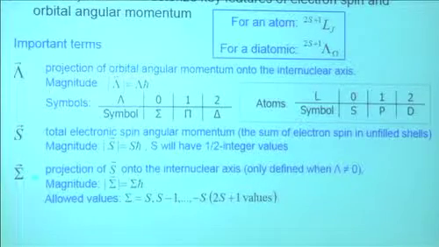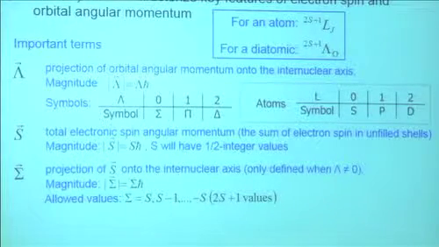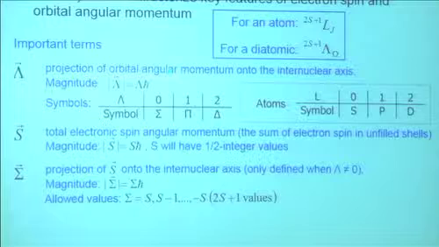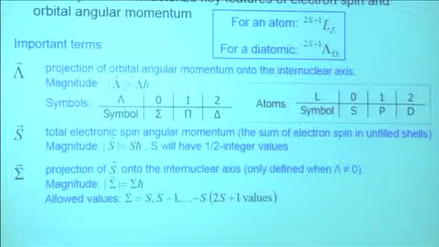What's sigma? Sigma, in contrast with this sigma right here, sigma is the vector sigma, is the projection of S onto the same A-axis. So lambda is the projection of the orbital angular momentum. Sigma is the projection of the spin angular momentum onto the A-axis.